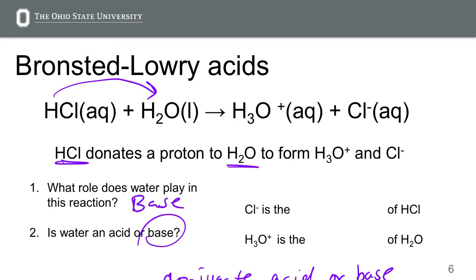So the chloride ion has lost a proton. HCl donated a proton, so HCl is the acid, which means that the chloride ion is the conjugate base of HCl.